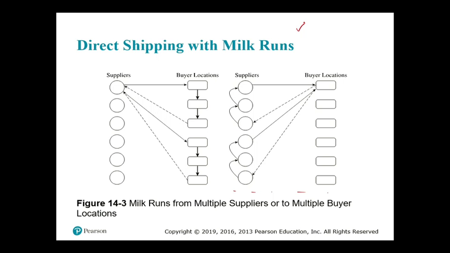The same truck can be utilized for different locations. What's the benefit of that? High utilization. Yes. High utilization and therefore lower transportation cost per unit. And another benefit of this is what?